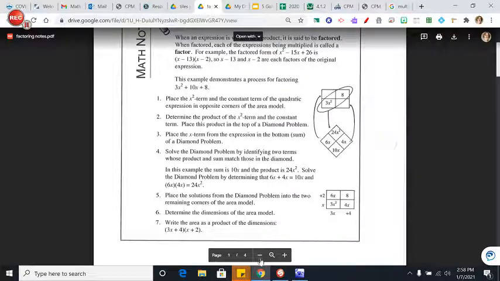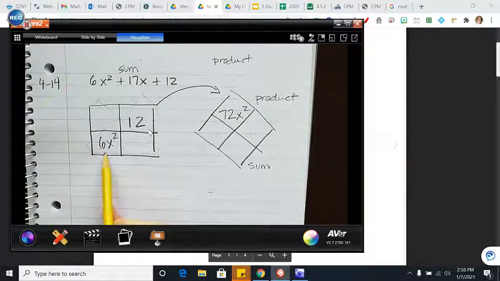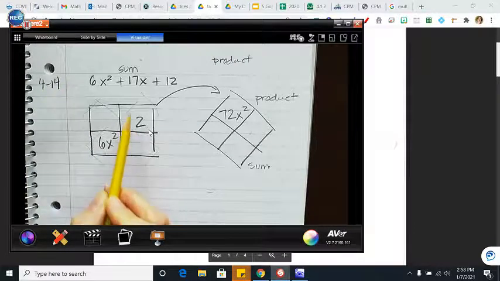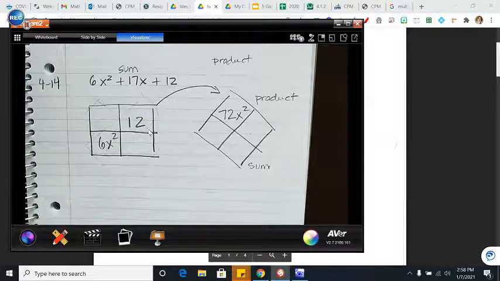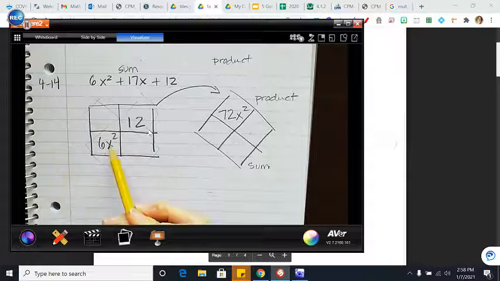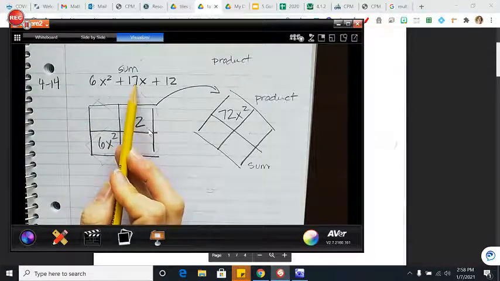Because if we were building this with tiles, we would put 6x squared tiles here, we'd put 12 unit tiles here, and then we take those 17x tiles. Well, I didn't tell you had to do it that way. I would have just said, make a rectangle, right? You would try and make a rectangle. But if I said, let's keep this here, let's keep this here, you're going to have to split up those 17x tiles.